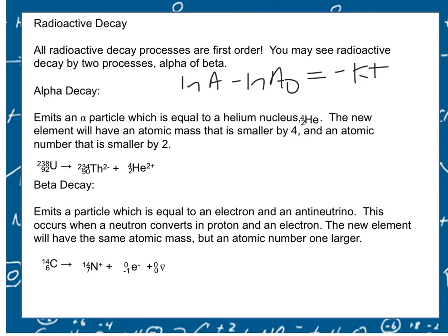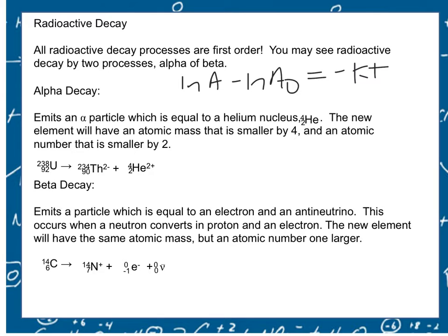Beta decay occurs in the opposite situation where you have too many neutrons, too much attraction, not enough repulsion, and it's pulling the nucleus in too tight. And what occurs in this situation is that a neutron converts itself into a proton and an electron, and in the process kicks out an antineutrino, which is just a high energy particle.